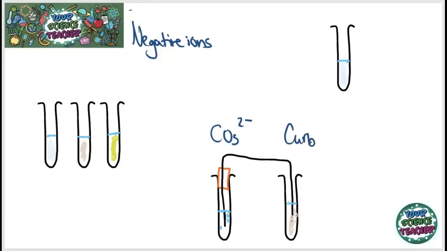And what we need to do for a carbonate test is we need to add hydrochloric acid to what will probably be a metal carbonate, and what will happen when I add hydrochloric acid is bubbles of carbon dioxide will form, and what I should see is my carbon dioxide will turn my lime water cloudy.